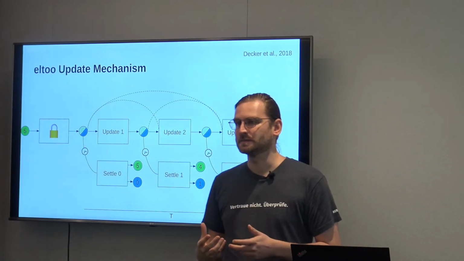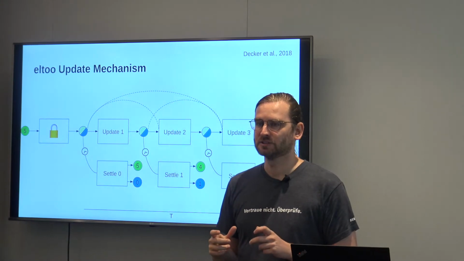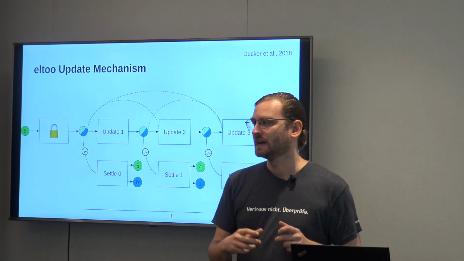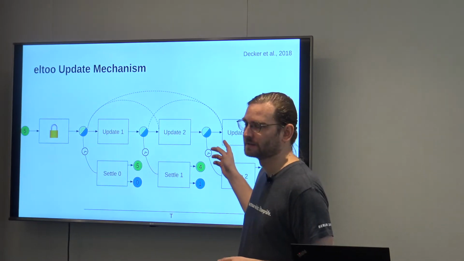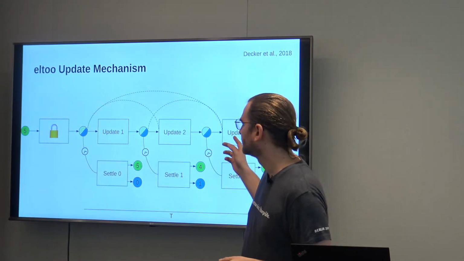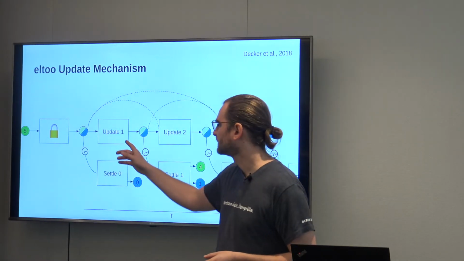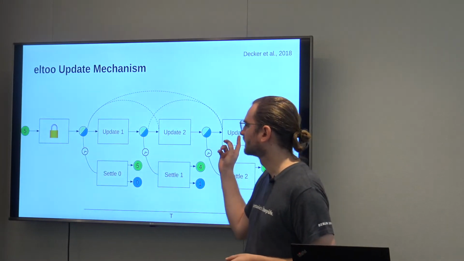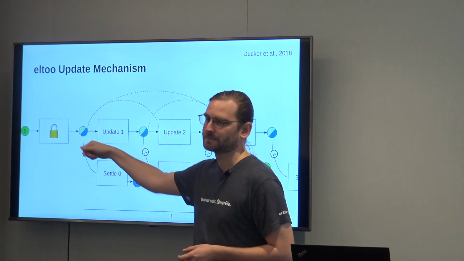So we remove the direct commitment to what funds we are spending, and we make it rewritable. So I can take update 3 and rewrite it to point to the funding output, for example. Basically, we skip update 1 and update 2 and go directly to update 3 by having this pointer redirected here.